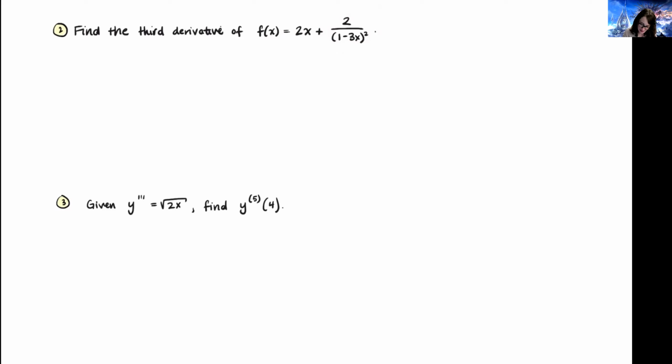So when that's the case, I highly encourage you to rewrite this in a way that doesn't have a quotient. So the way to do that would be to bring up that denominator and multiply the 2 by 1 minus 3x to the negative 2 power.